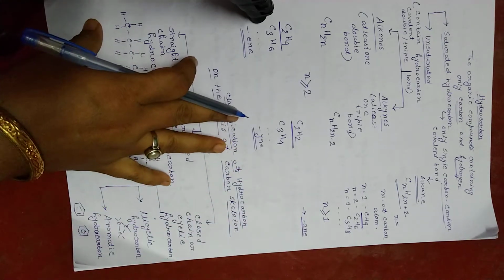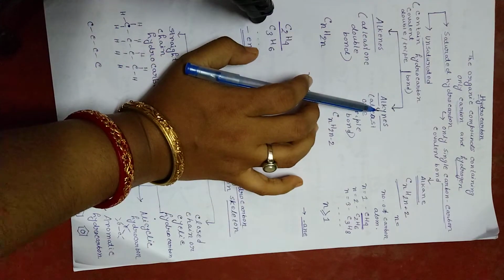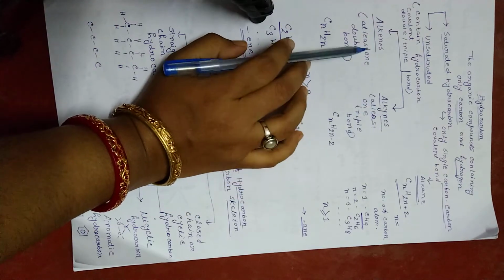Now alkenes and alkynes. Alkenes and alkynes are the two types of unsaturated hydrocarbon.